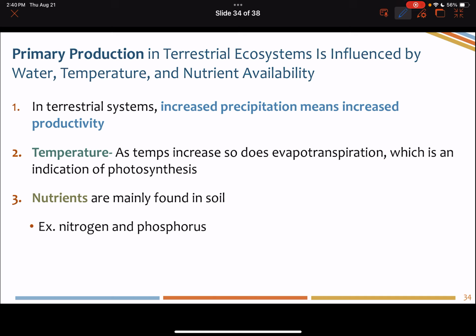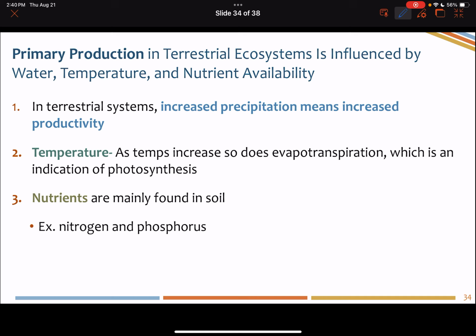So in terrestrial ecosystems, water is almost always going to be the limiting factor. Temperature plays an important role, but water is almost always the important one. In an aquatic environment, water is always available. So in an aquatic environment, it's usually nutrient availability that is going to be limiting. There's going to be some nutrient missing from that water that limits how much primary production can happen.